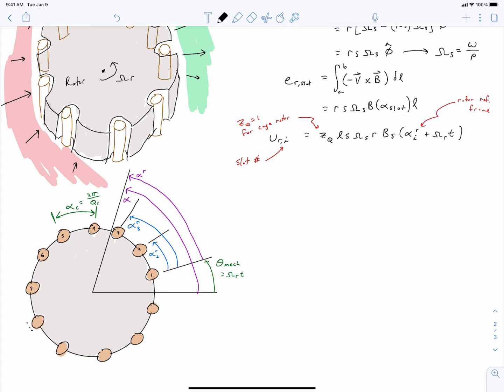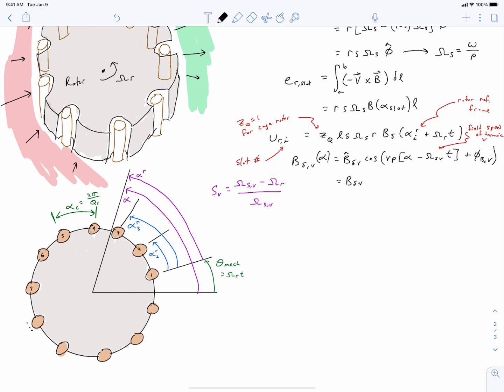And now we're going to generalize our derivation to any harmonic, just like we did in our Star of Slots video. So we can write an expression for our field in terms of harmonic content like this. And we can denote the speed of our harmonic v as omega sv. And just like we had slip defined relative to our fundamental, we can also talk about a harmonic slip, which is still relative to the speed of the rotor.